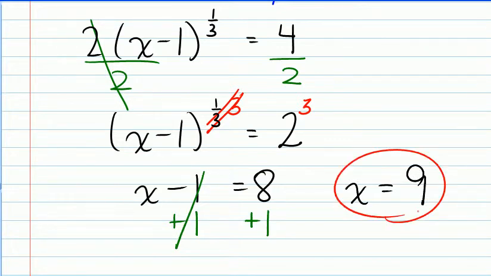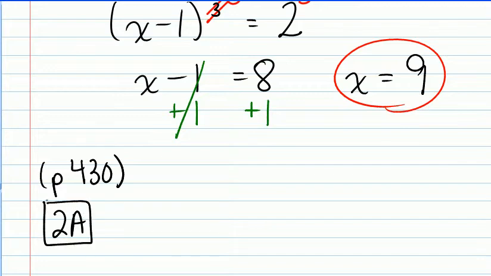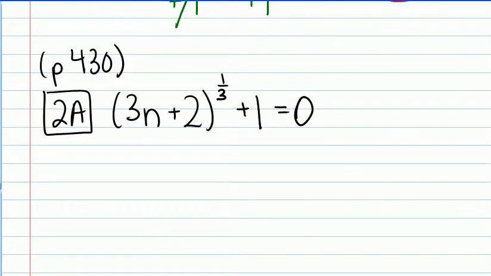So now I have 2 problems that I want you to try on your own. Page 430, there is a problem 2a. Don't forget, negative roots are only an issue when you have an even root.